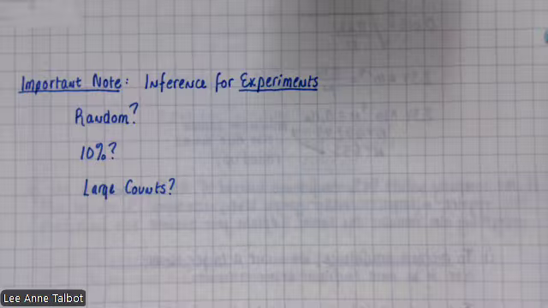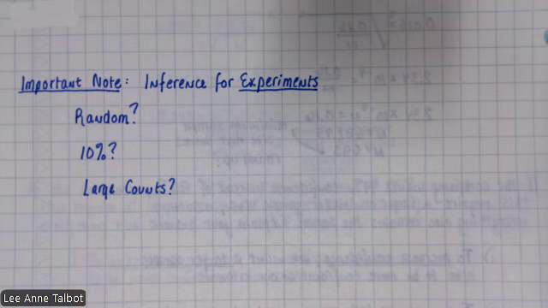But when you're doing a difference of proportions, a lot of times that's where experiments start to come in as some of the research studies that you look at. So what I mean by that is when you're reading the problem, it's not going to say random sample. It's going to be an experiment instead.